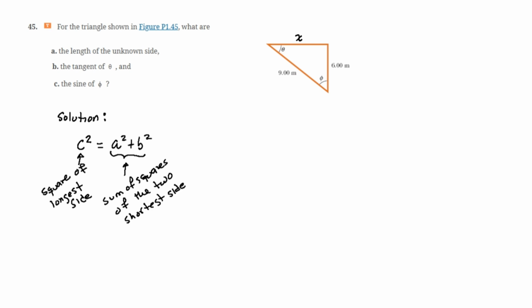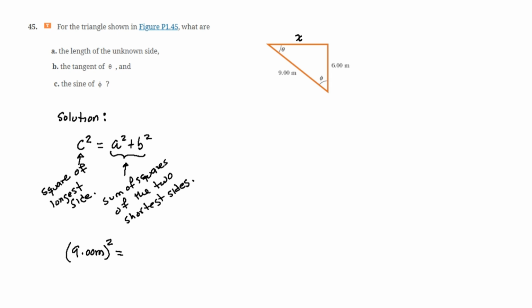Okay? So who is the longest side? 9.00 meters is the longest side. So say 9.00 meters squared is equal to, now what is one of my shortest sides? x.